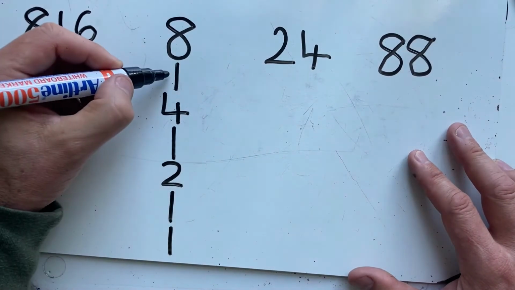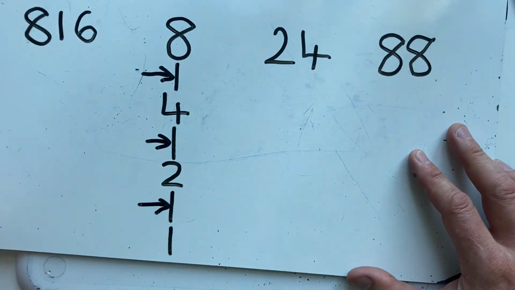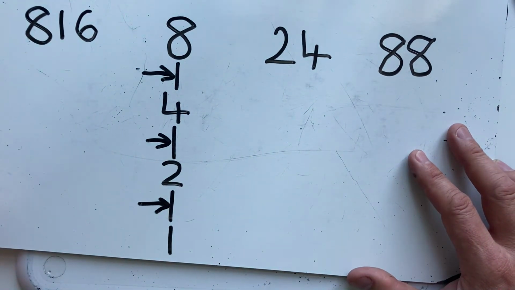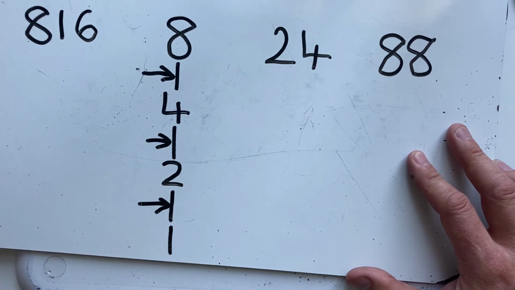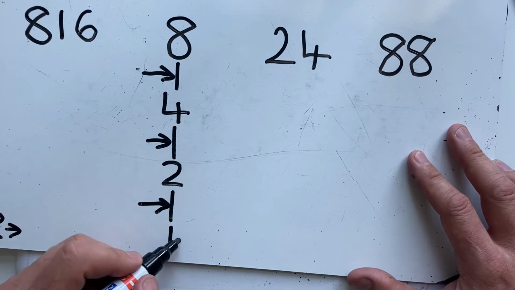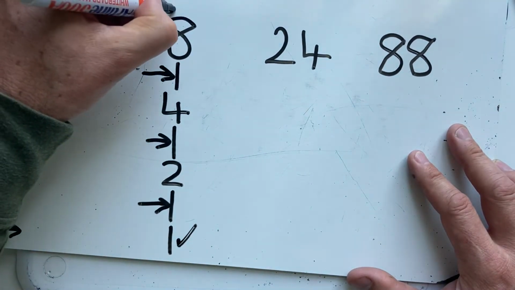So I've halved it once, twice, and 3 times. If I halve my number 3 times, and I end up with a whole number, which I have here, then my starting number is a multiple of 8.